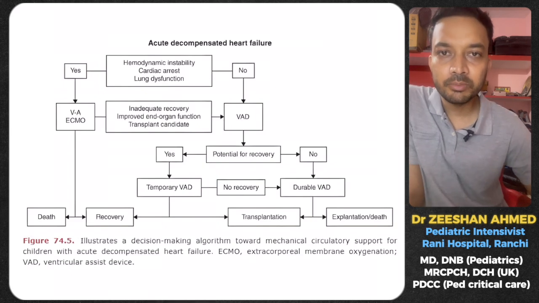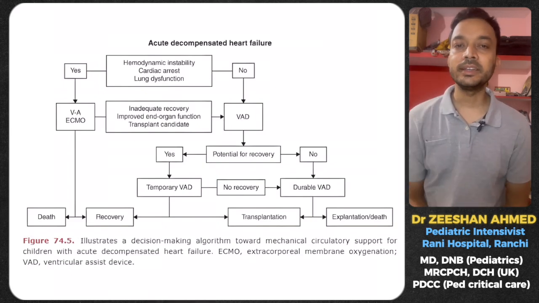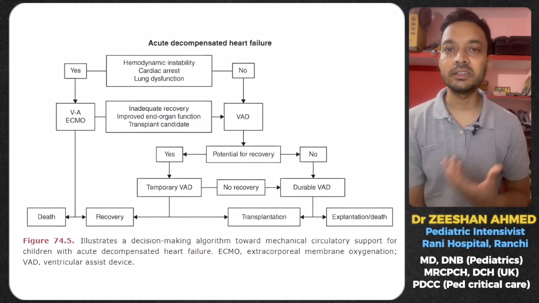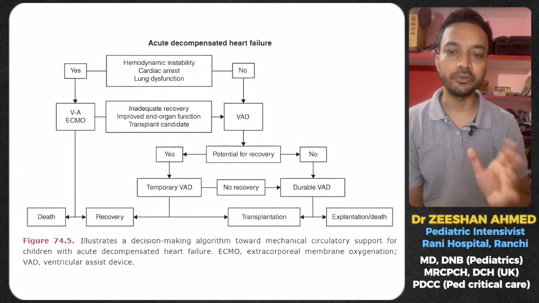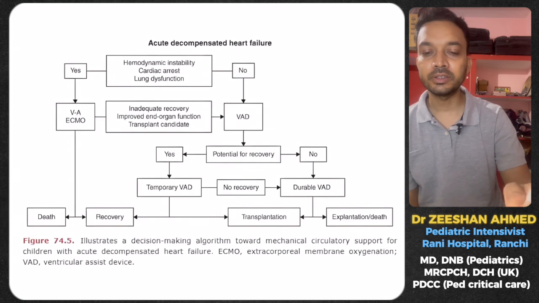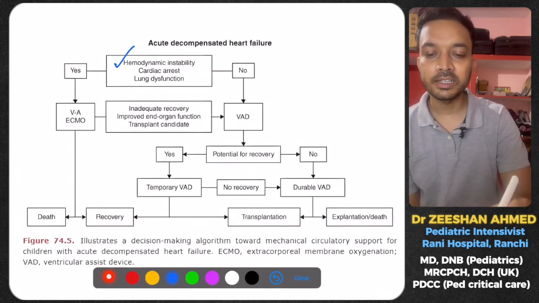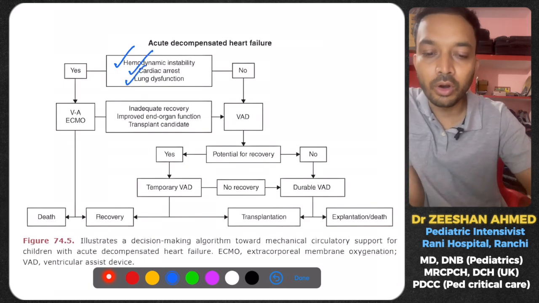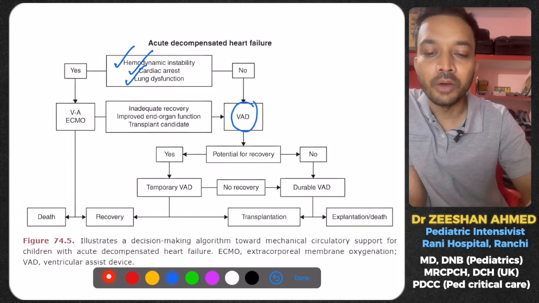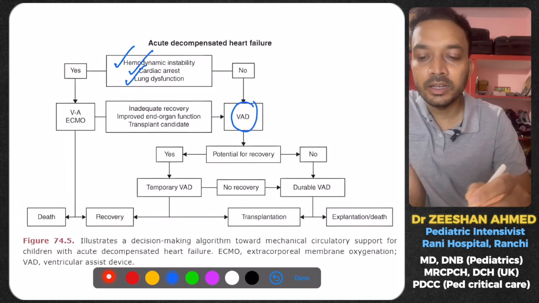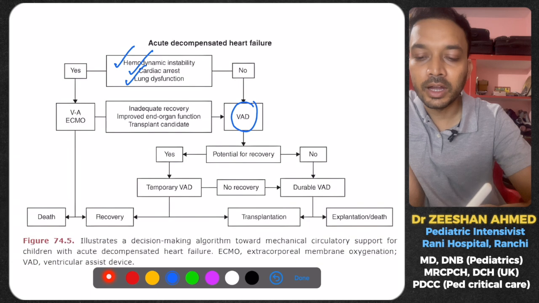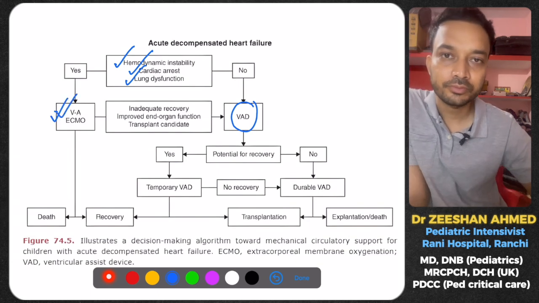Here is an algorithm of how to proceed in case the child requires mechanical circulatory support in the form of ECMO or VAD. Well, first we should see whether there is hemodynamic instability or cardiac arrest or lung dysfunction. If it is not there, then we can use VAD. However, if it is there, then we cannot use VAD. We have to use VA ECMO.